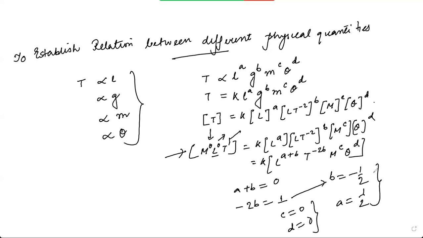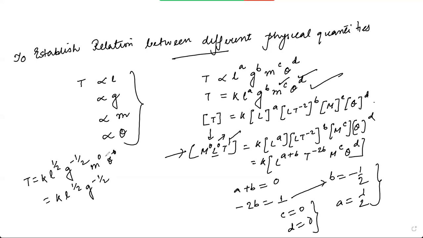So put these two values in this equation. So T equals K, L to the power half, G to the power minus half, and since C is 0 and D is 0, M to the power 0 is 1 and theta to the power 0 is also 1.